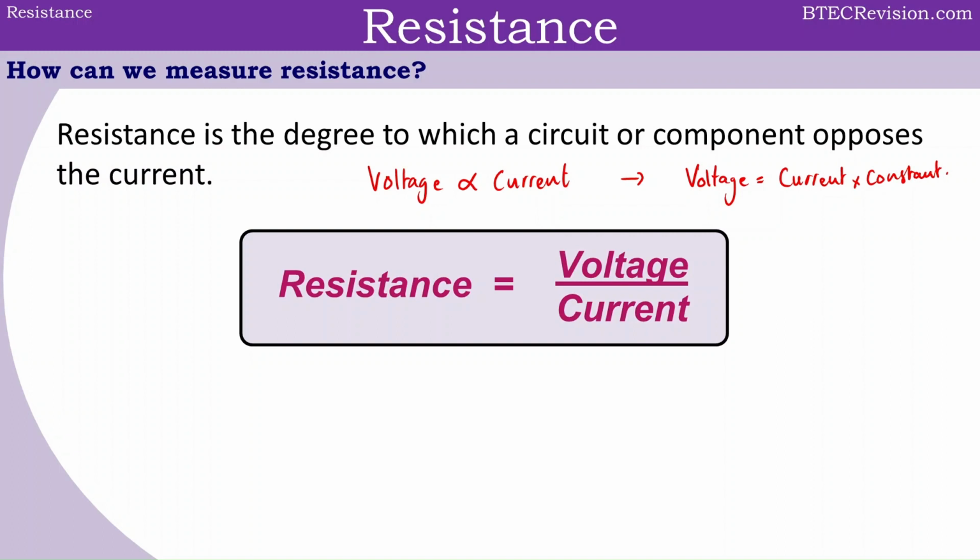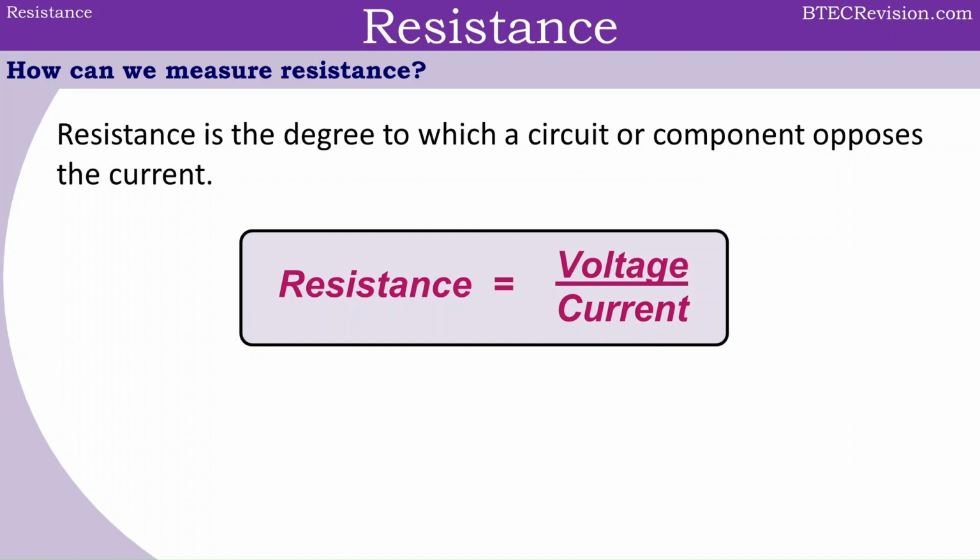Rearranging this for the constant, we'll name it resistance, which gives us the value voltage divided by current, and that's equal to resistance. So resistance is a constant.